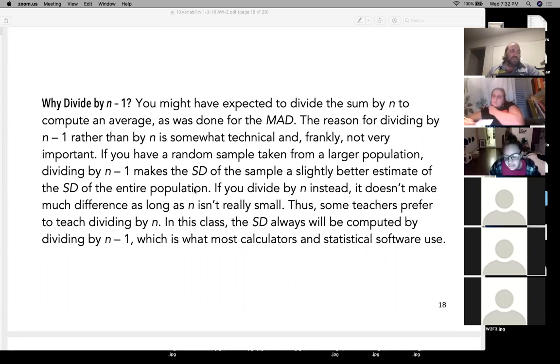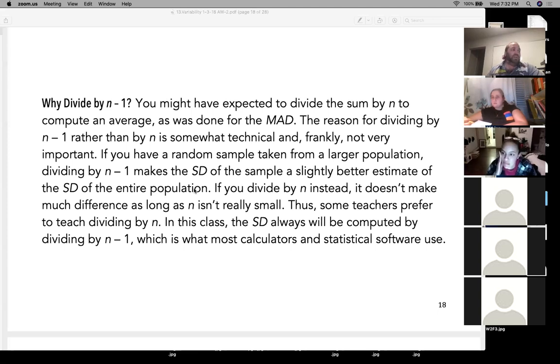So the reason why we divide by n minus 1 instead of n has to do with the fact that if you divide by n, you have a small bias in your approximator. And if you divide by n minus 1, you don't. That's just what the math gives you. Okay, it's a mathematical determination.